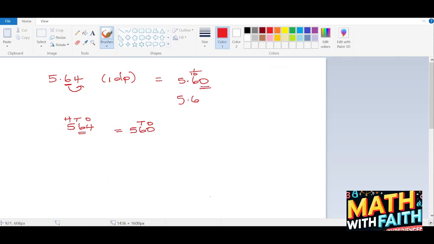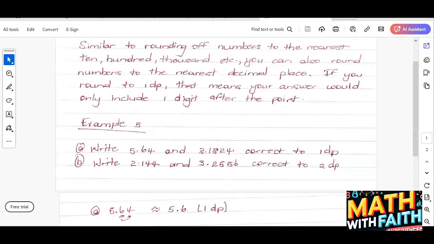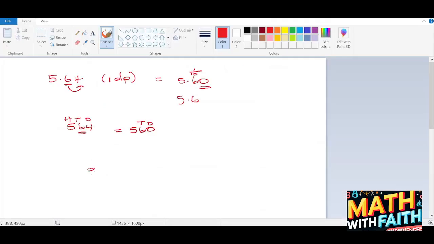The next one is 3.1824. Correct to 1 decimal place, 3.1824 to 1 decimal place. So the first decimal place is the number 1. And as usual, we look at the number after.